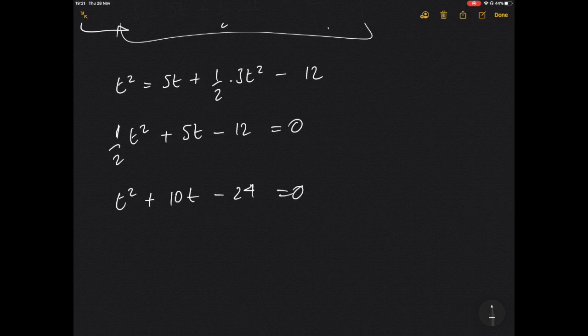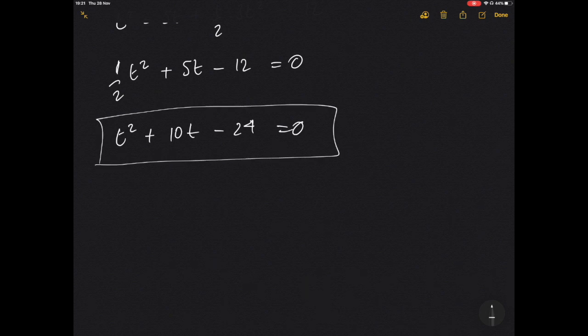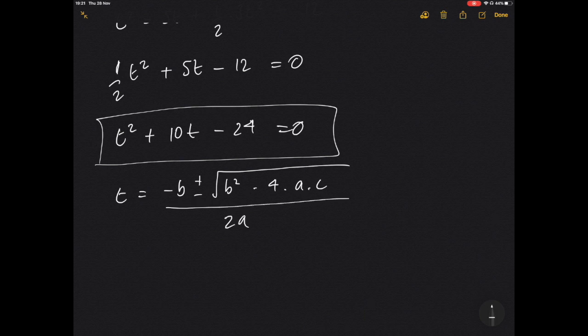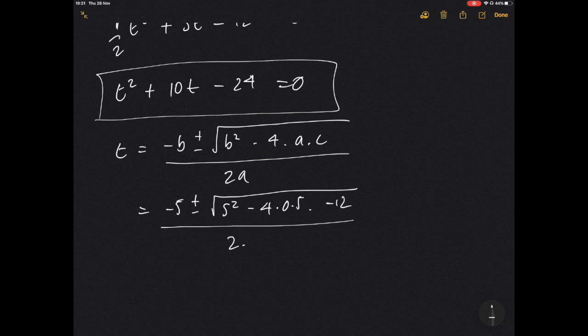Then we could probably just stick this into our calculator and say t equals minus b plus or minus the square root of b squared minus 4 times a times c, all over 2a, which is the same as saying minus 5 plus or minus the square root of 5 squared minus 4 times 0.5 times minus 12, all over 2 times a half.